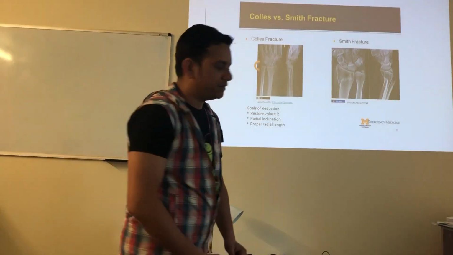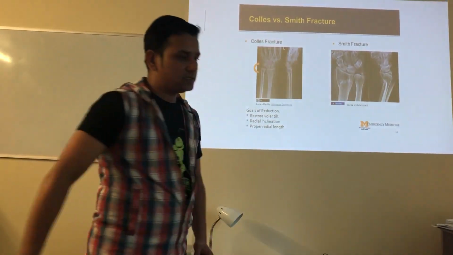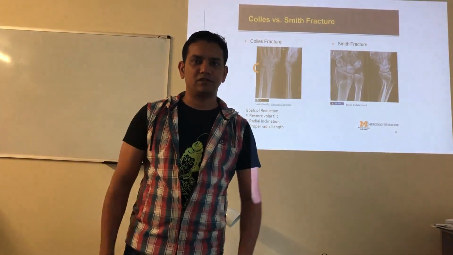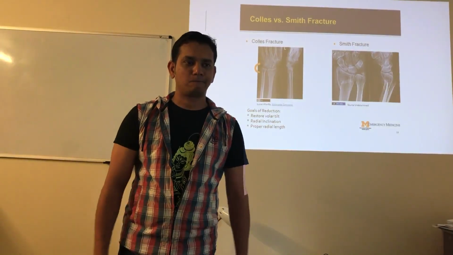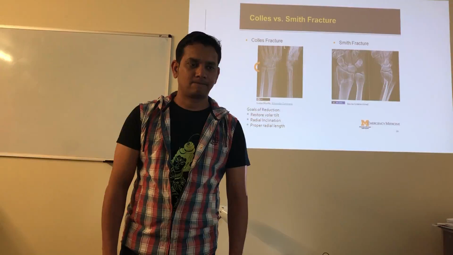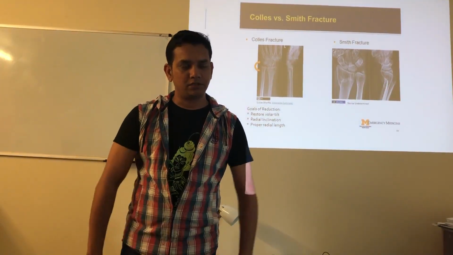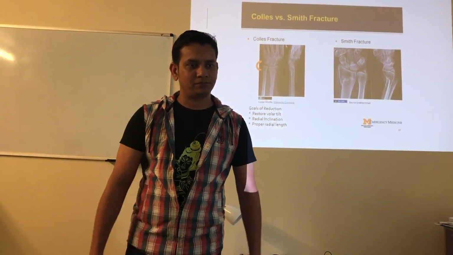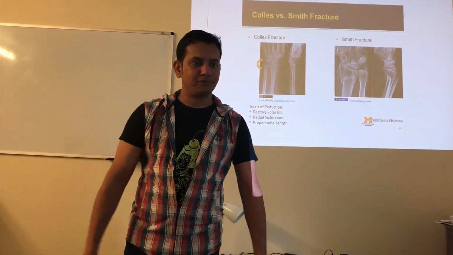When will you admit this or this apart from gross neurovascular compromise? In spite of reduction, you reduced it, it's done, fantastic. You put a plaster. When will you admit?